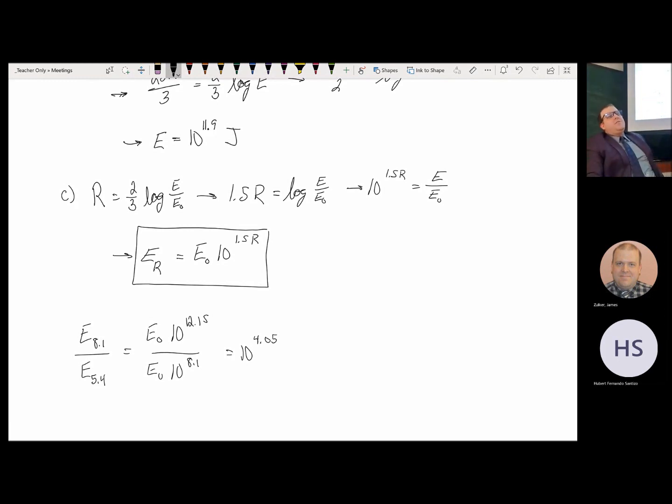Here's your ratio. It's that many times more intense. Well, intense energy. What this means is an earthquake with magnitude 8.1 releases 10 to the 4.05 times more energy than a 5.4 magnitude earthquake.